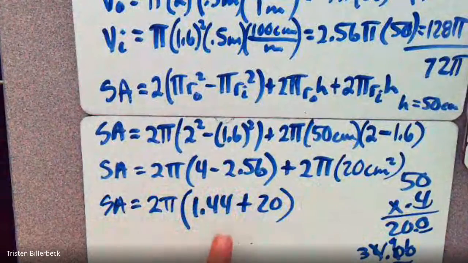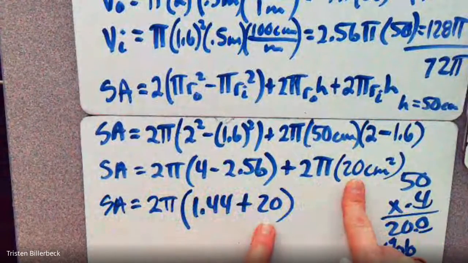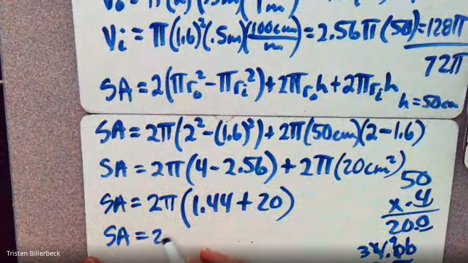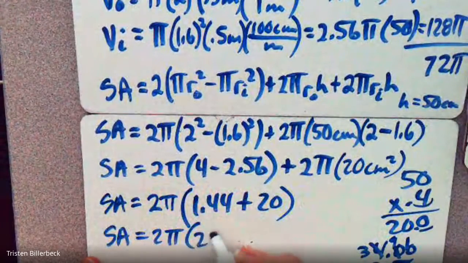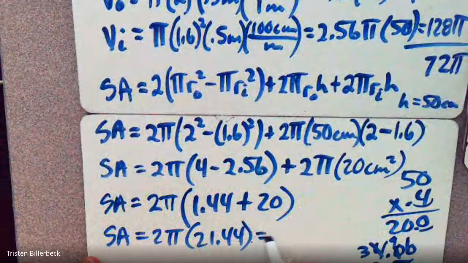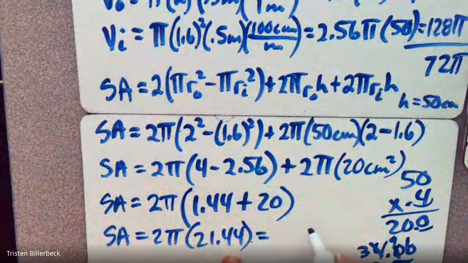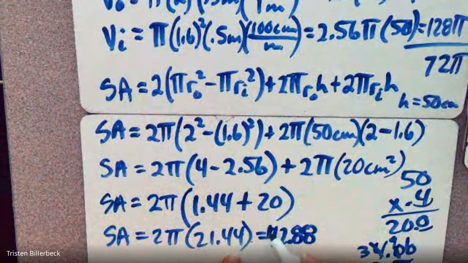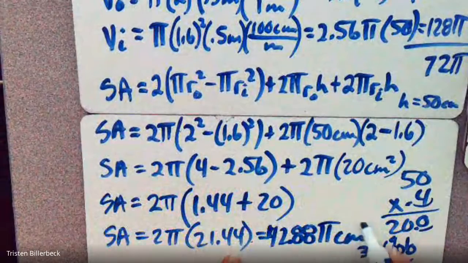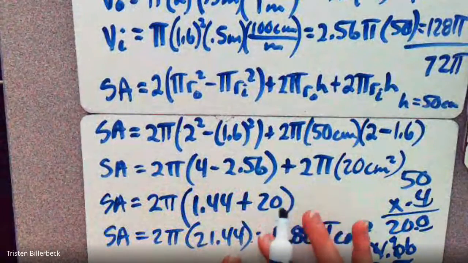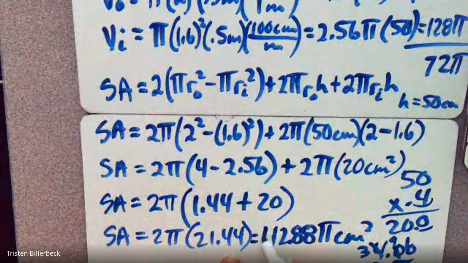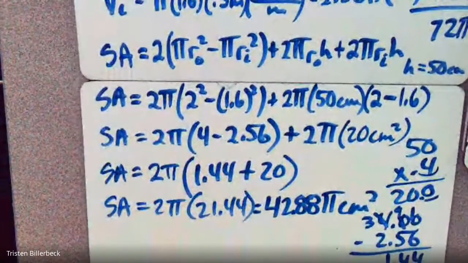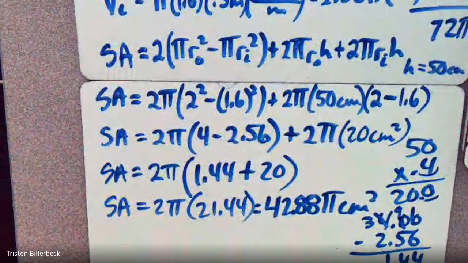This is equal to 1.44. This is 20. So now I have the surface area equals 2 times pi times 21.44, which equals, and if I double that, that's 42.88 pi centimeters squared. Make that nice. So 42.88 pi centimeters squared. So that's our total surface area of that pipe.